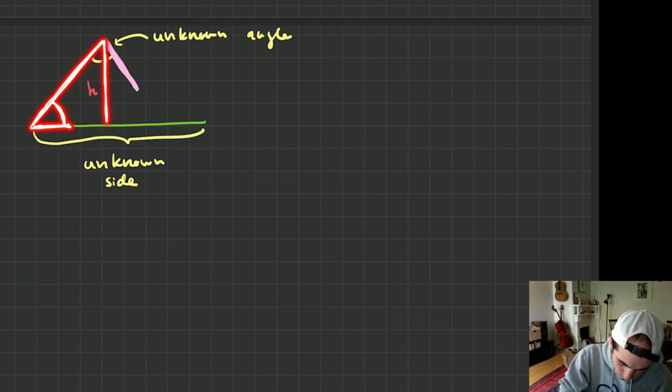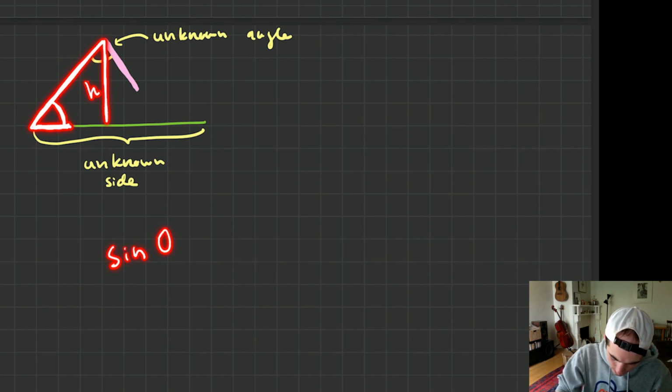With respect to the trig ratios, I would be able to say that this h here can be calculated by taking the sine of our angle theta here. So this is our angle theta. Sine of theta is equal to opposite over hypotenuse. Let's call this side a.